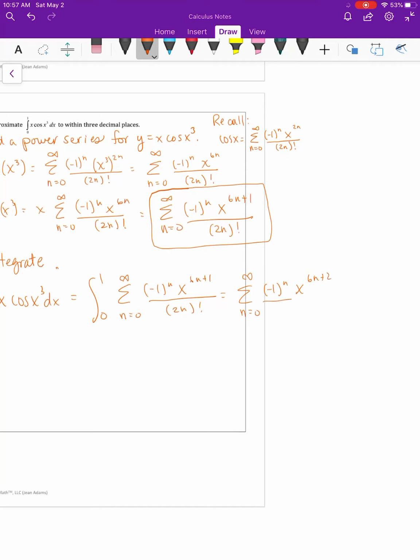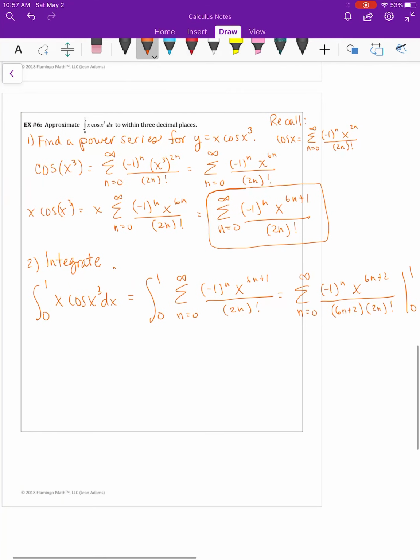So that integration isn't that bad. Summation from n equals 0 to infinity, remember, you don't have to worry about that. You only have to worry about this x to the 6n plus 2, and then you're dividing by 6n plus 2, and then you still have (2n) factorial in the denominator, from 0 to 1.